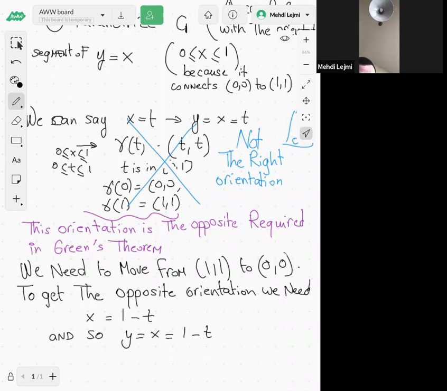Since x is between 0 and 1, 1 minus t is between 0 and 1, and if you subtract 1 and solve for t, t is also between 0 and 1.